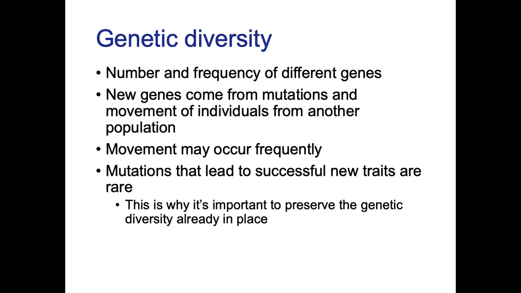But because this mutation rate is very low, we don't want to lose genetic diversity, especially if it's unique to a population. And that's why it's important to preserve genetic diversity that's already there, because these mutations just don't often lead to helpful new alleles. It happens occasionally, but not fast enough that we should just allow genetic diversity to be eliminated from different species.